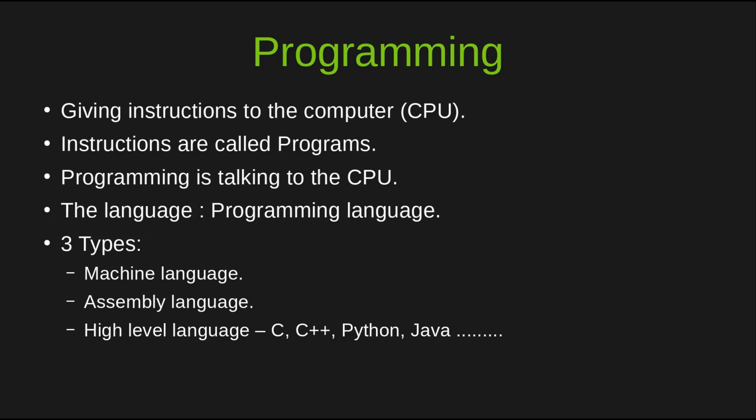There are three types of programming languages here. There is machine language, there is assembly language and high level language. The machine language is what the CPU actually understands. As I showed you in the previous slide, it consists of just zeros and ones. The assembly language is a language that is a little bit understandable.